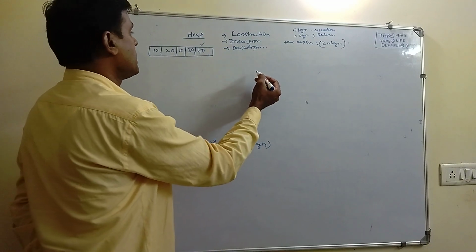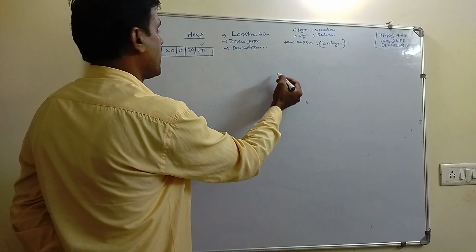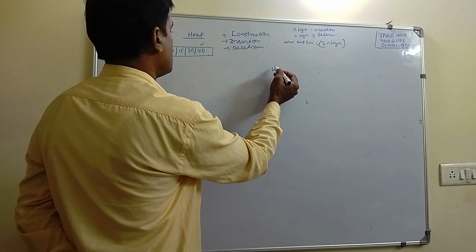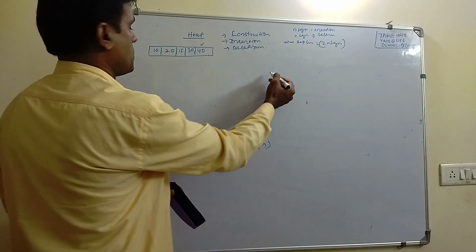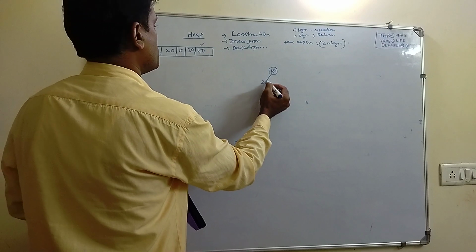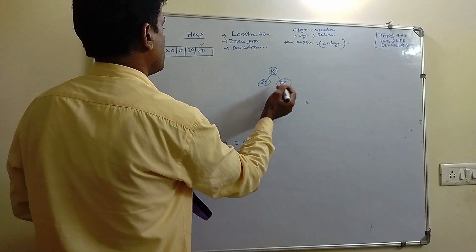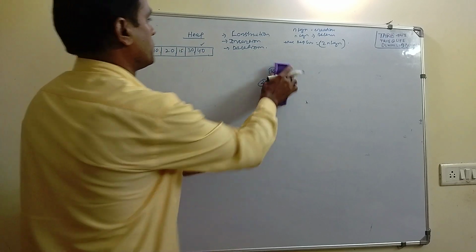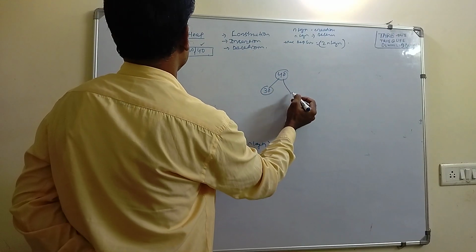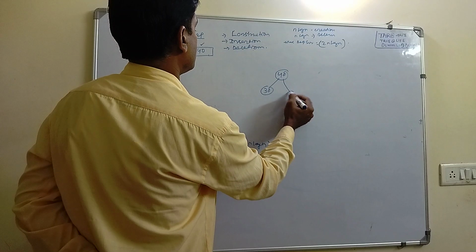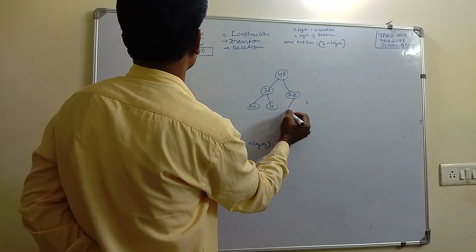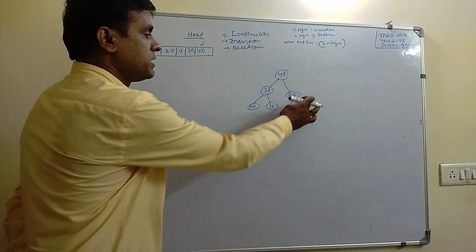Suppose my elements are like this, 40, 10, 20, 30, and this is a max heap.